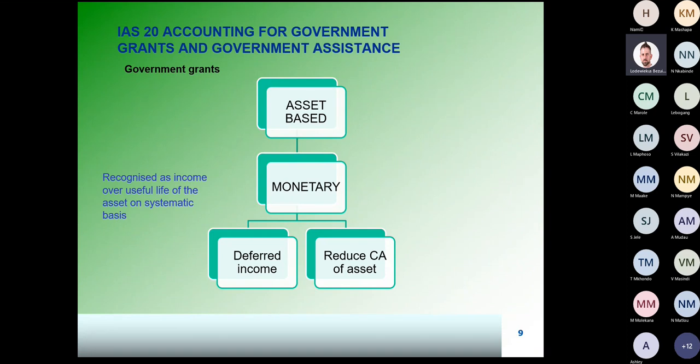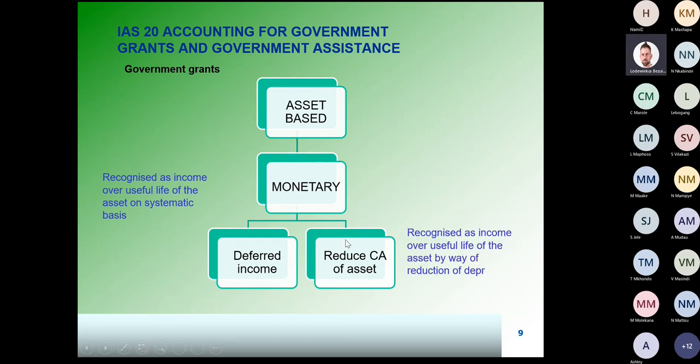So now we bought an asset, we're going to depreciate the asset over 20 years, and the government grant will also be shown as income over the useful life of 20 years of the asset. So we link the government grant and the asset together, but because we use deferred income as the method to account for that income from the government grant, we use the useful life to calculate how much of the government grant we can recognize each year.